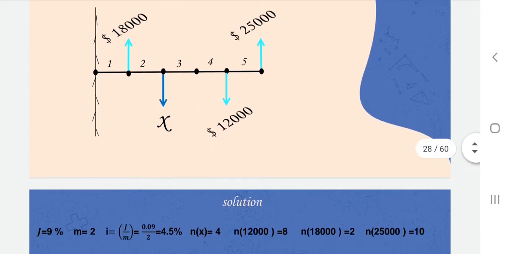So 2 times 2 equals 4. M for $12,000, 4 times 2 equals 8. M for $18,000, 1 times 2 equals 2. Finally, M for $25,000 equals 5 times 2 equals 10.